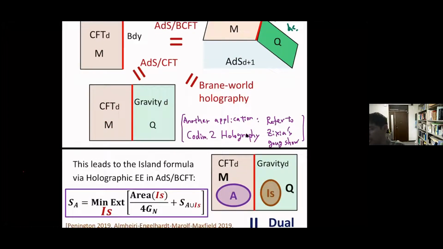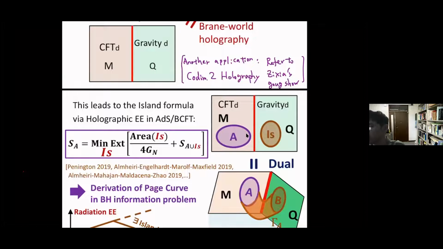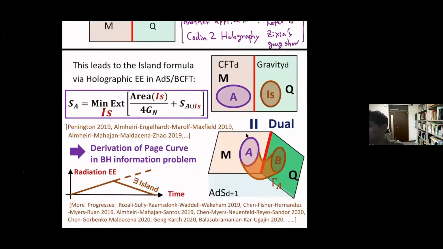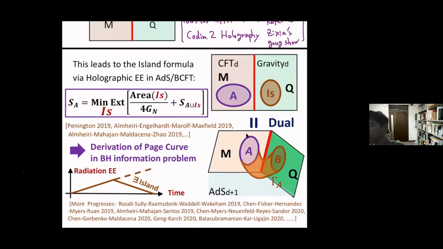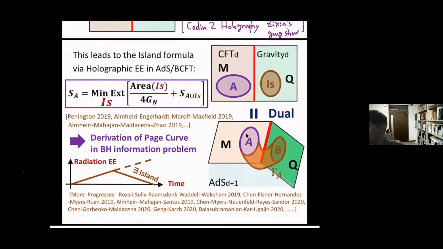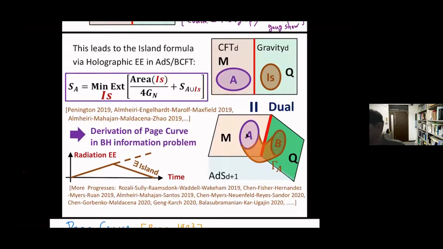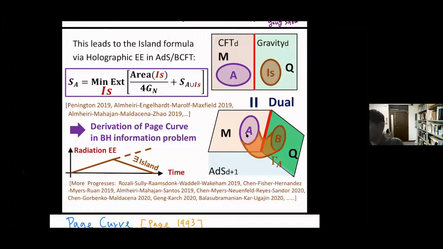Right? And I'd like to explain the application to the black hole information paradox. We already had a talk by Henry, so I think you understand the motivation. As a crucial formula in the recent development of the black hole information paradox, there is the island formula, which I also explained a little in the last lecture.